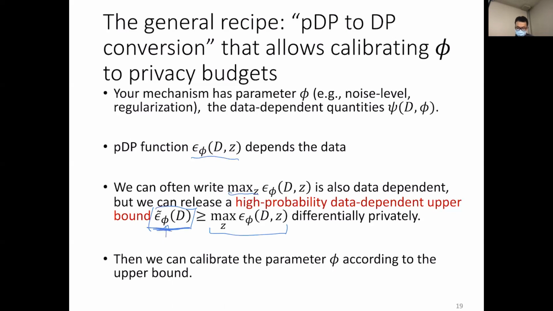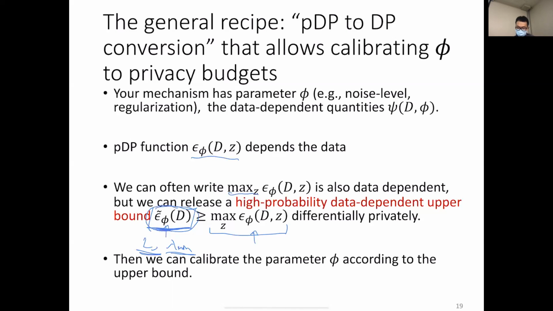Whether you are able to release a high probability data dependent upper bound of this quantity for all phi parameters at the same time will really depend on the problem. But in the linear regression case, what we did is essentially this. We release this L parameter, we release this lambda mean parameter, and these two parameterize this upper bound.